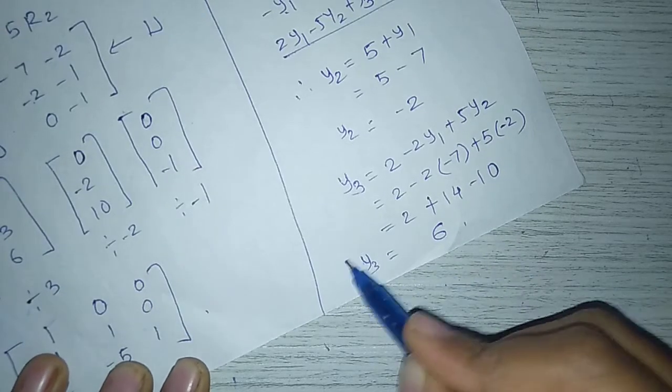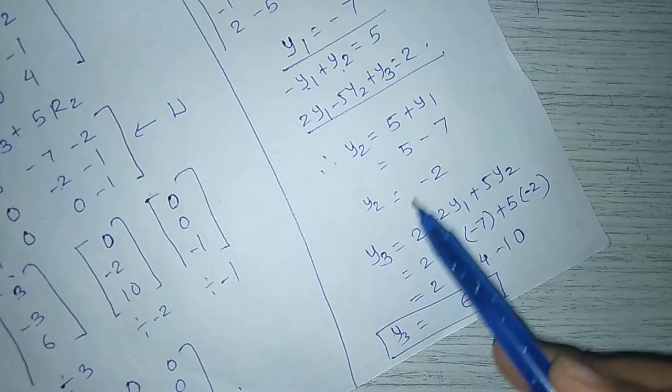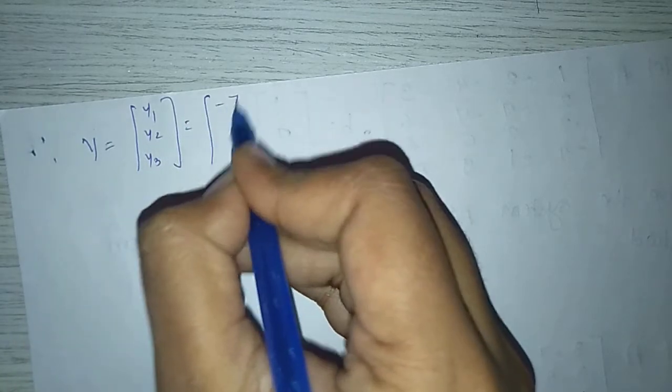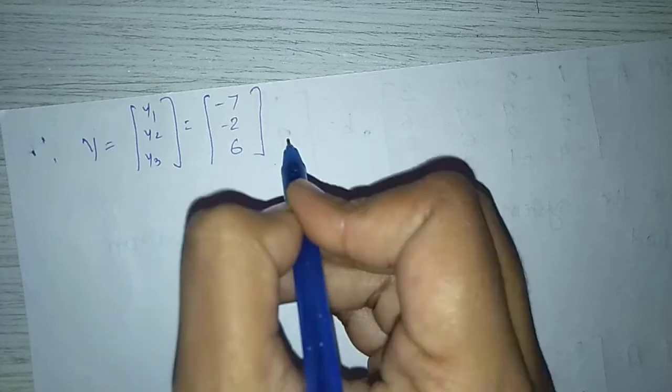Therefore y1 equals -7, y2 equals -2, y3 equals 6. Therefore capital Y equals [y1, y2, y3] equals [-7, -2, 6].